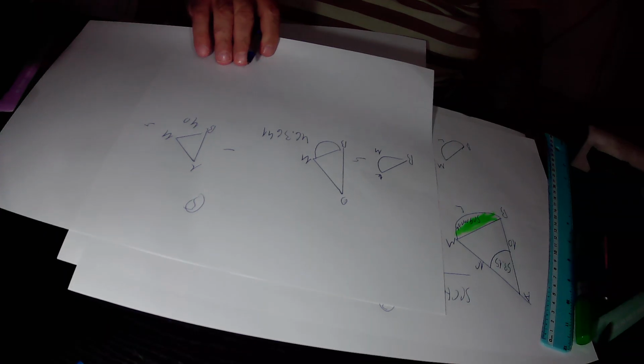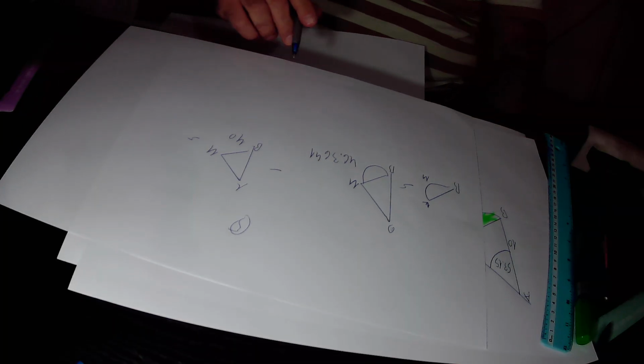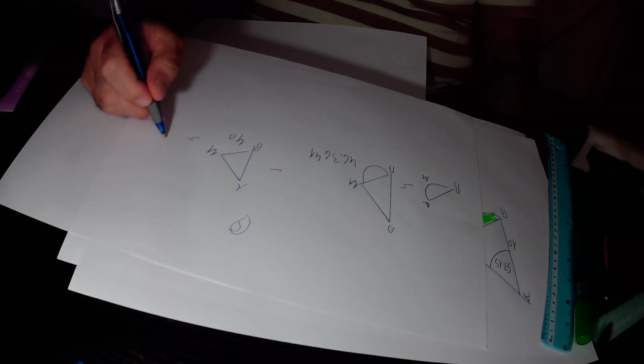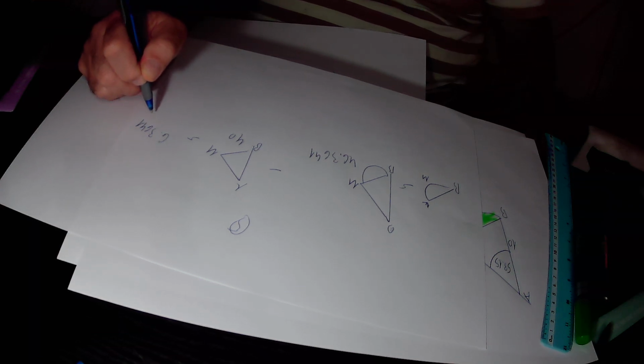This is actually 46.3641 minus 40. This is actually 6.3641 square units in its size.